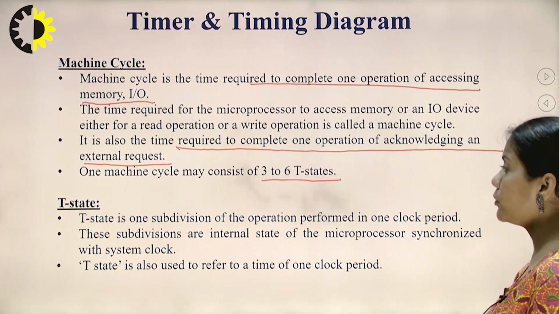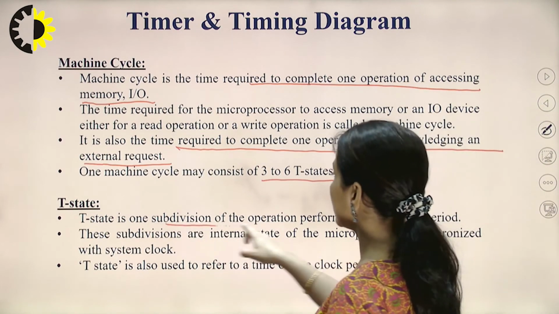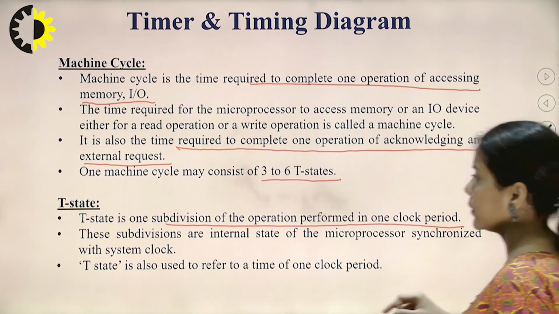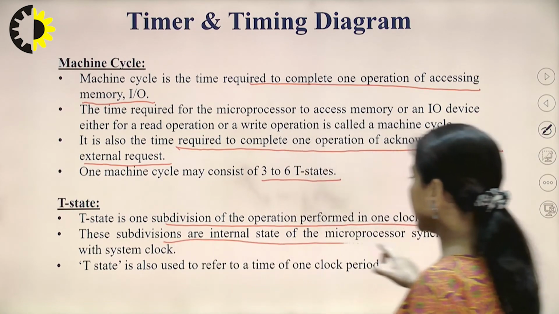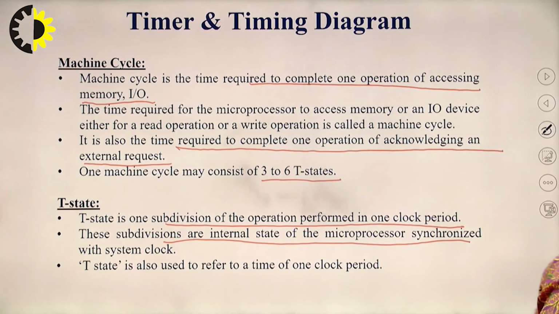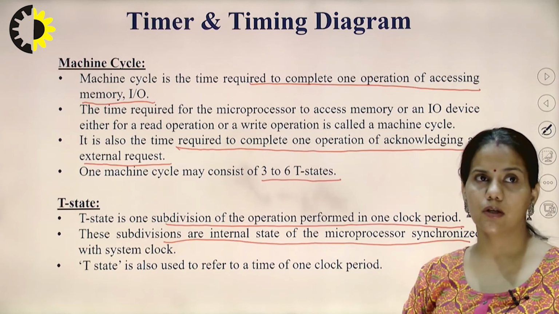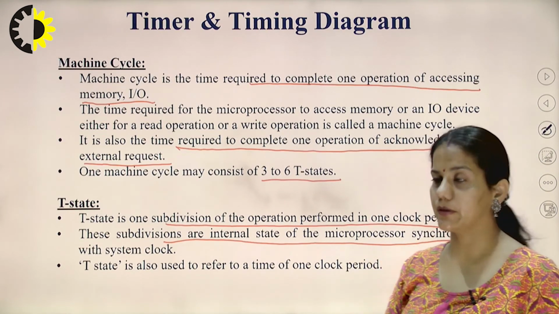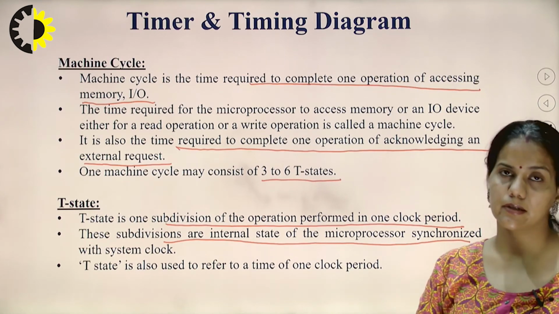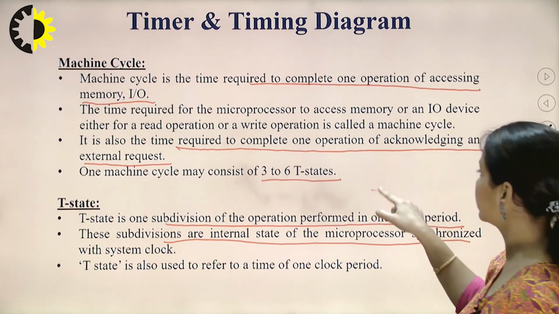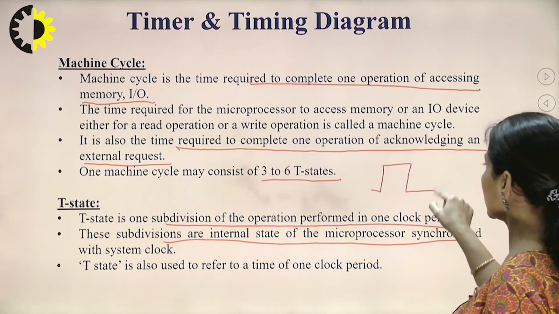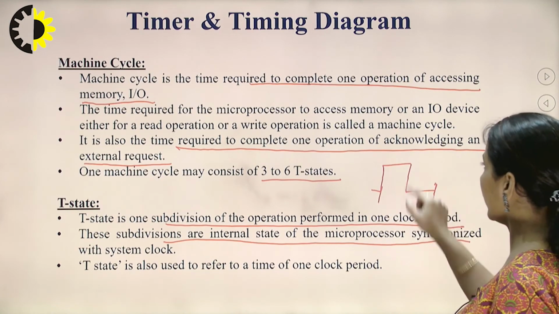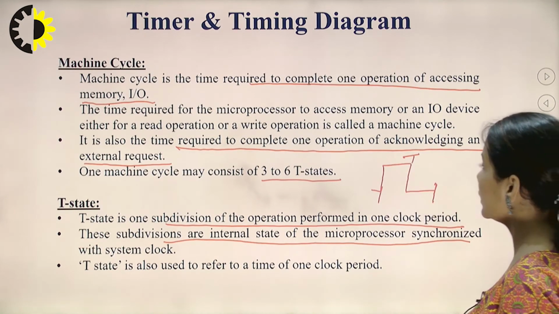When we talk about T states, it is one subdivision of the operation performed in one clock period. These subdivisions are internal states of microprocessors synchronized with the system clock. So T state is also used to refer to a time of one clock period. Basically, a T state is nothing but one pulse, so this is 1 T. What is a clock?